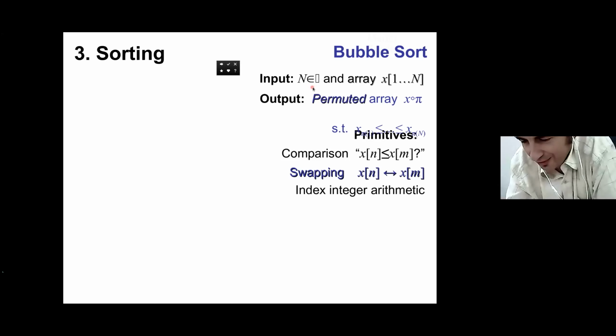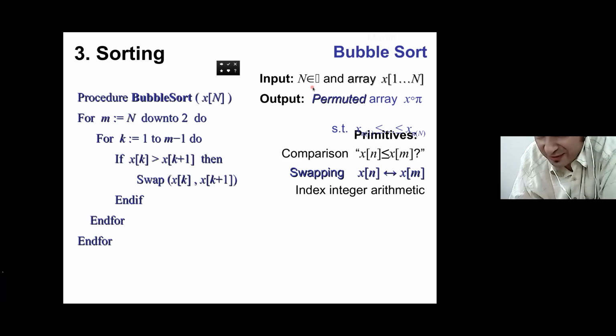Okay, so what can you do? What are naive ways of sorting? And the first idea, and I already mentioned this before, is the idea of bubble sort. So what does bubble sort do?